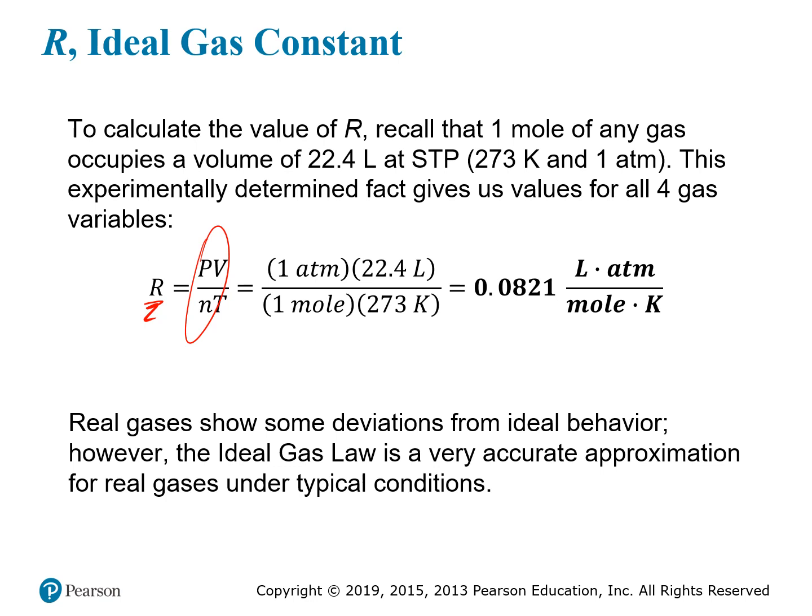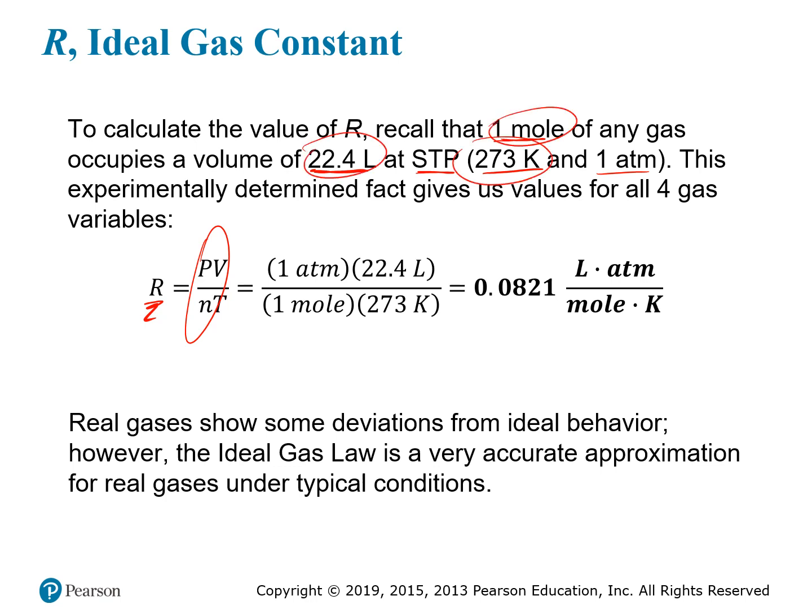In the previous video, we saw that the molar volume of a gas at STP is 22.4 liters. So 1 mole of any gas will occupy a volume of 22.4 liters at standard temperature and pressure, which means 273 K and 1 atmosphere. So this is all of the variables that we need.